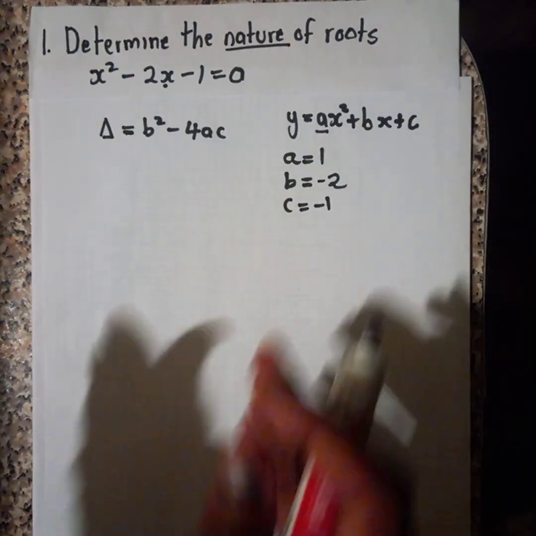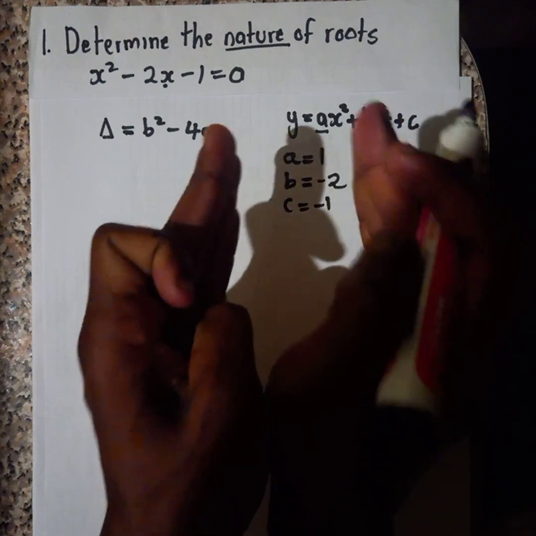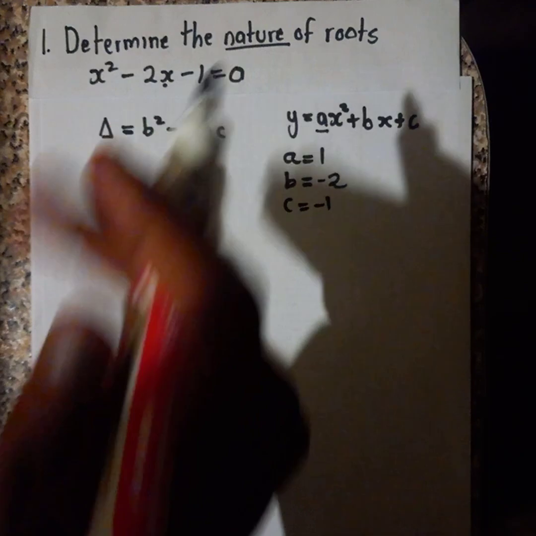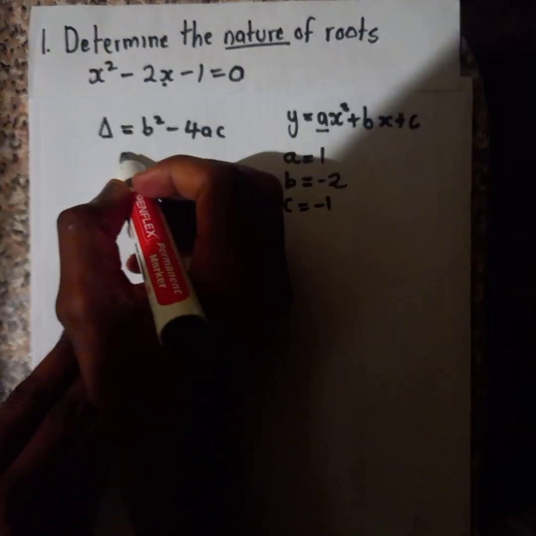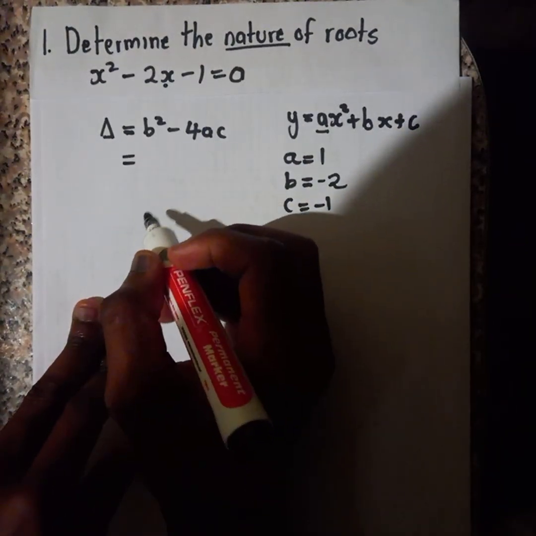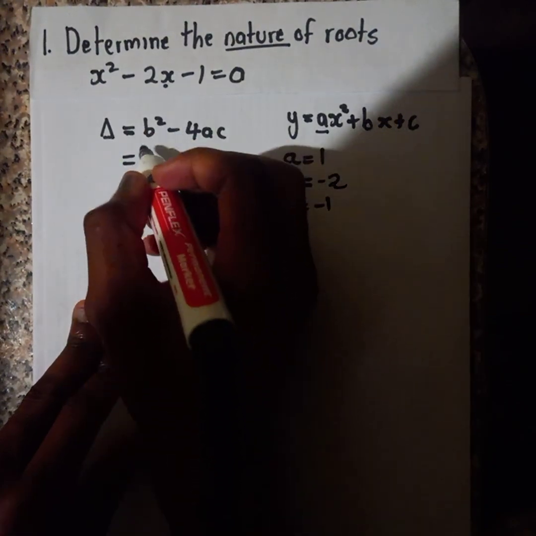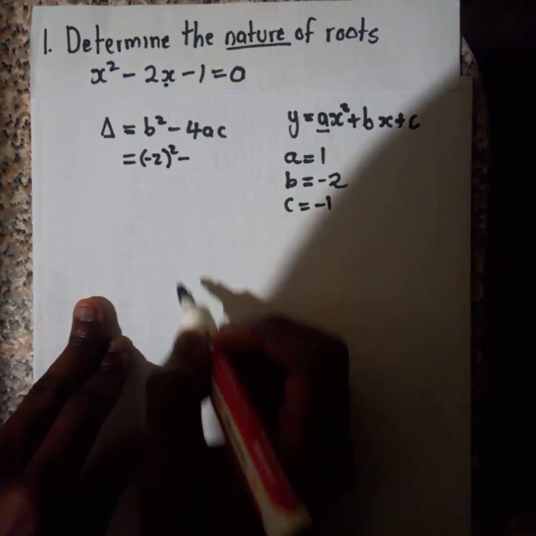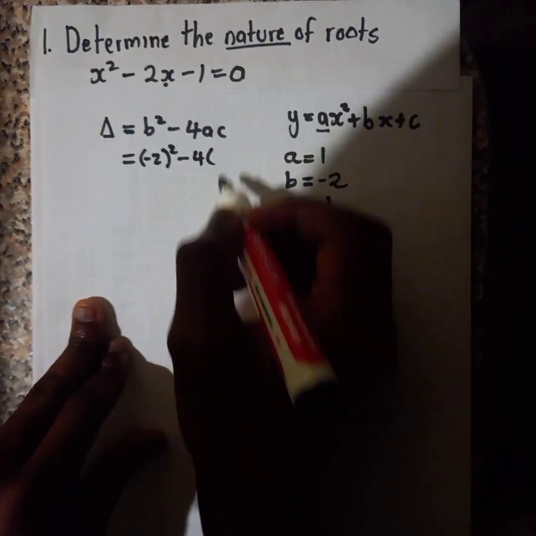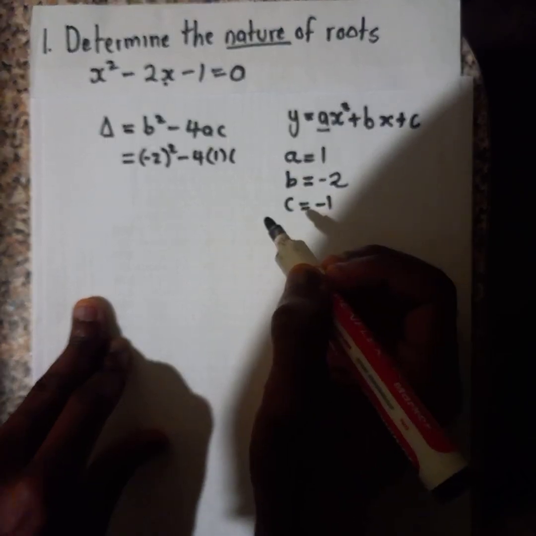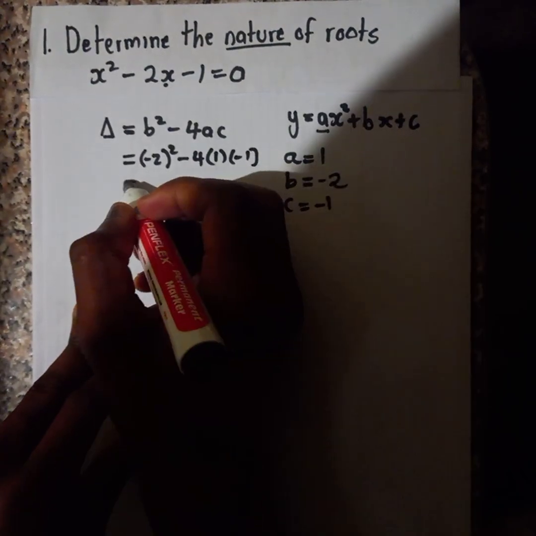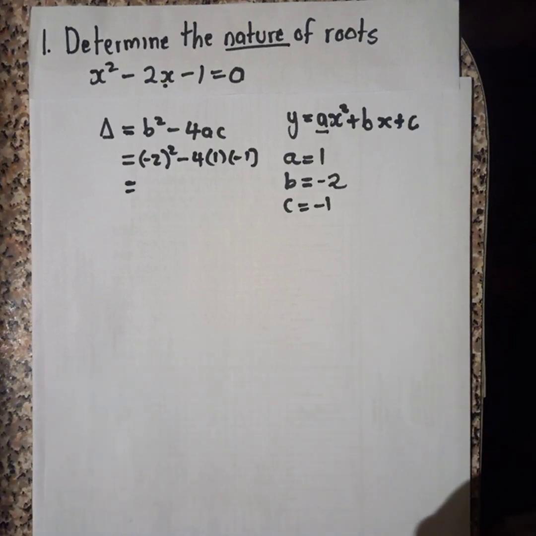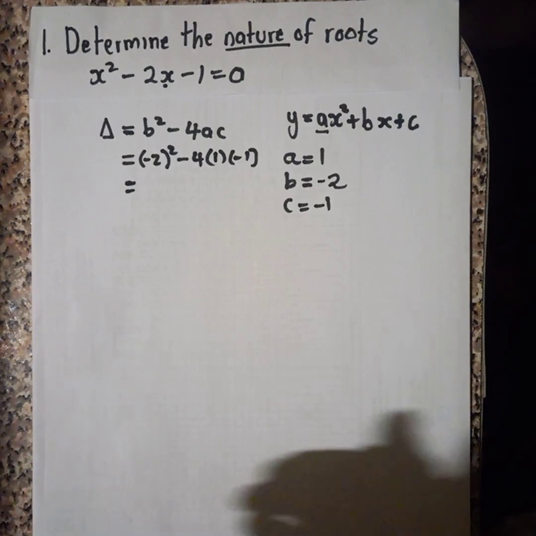Those are the values. Then from here, we are going to take these values and substitute them into our discriminant formula. Firstly, we start with b, which is negative 2 squared, minus 4, then a, 1, c, negative 1. Then you can just use your calculator to make sure that you get the correct answer.